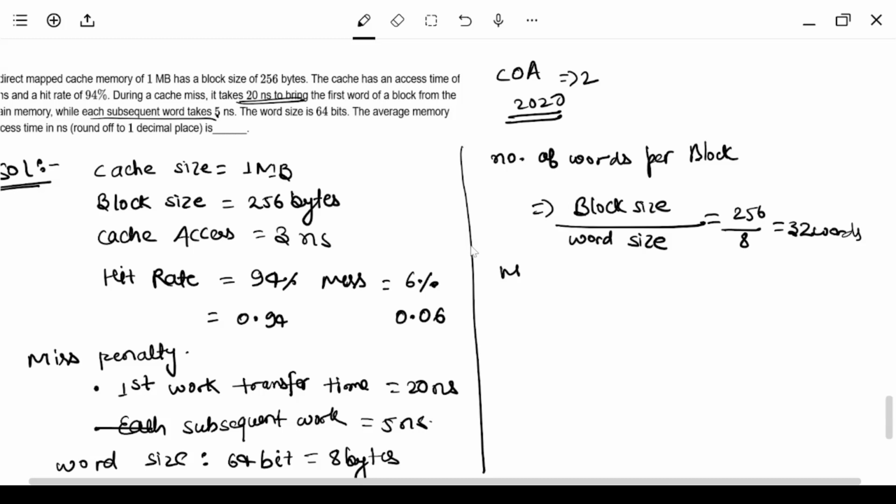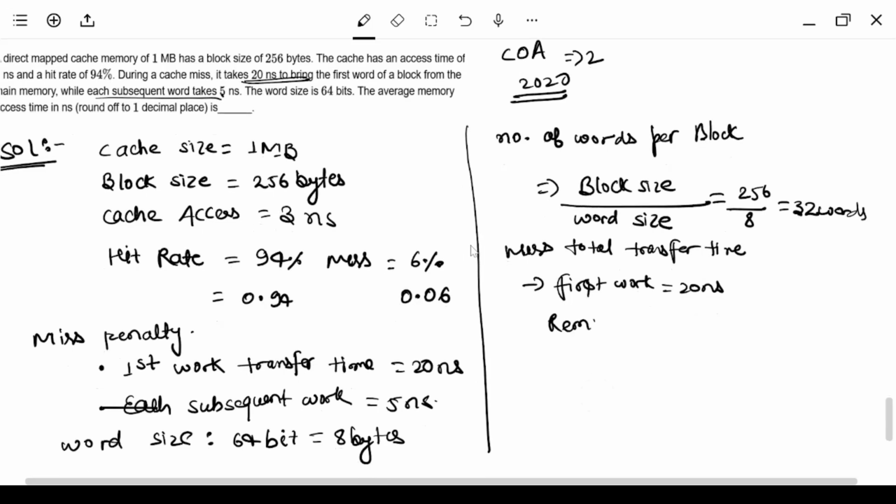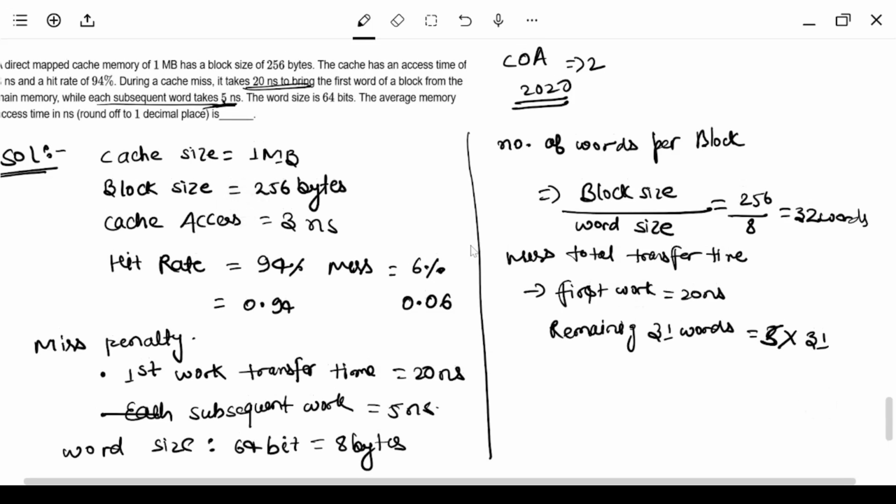So in case of a miss, the total memory transfer time: we can say that the first word is taking 20 nanosecond, and the remaining 31 words will take 5 into 31, where 5 nanoseconds is given here. So in total 32 words in each block we are transferring.